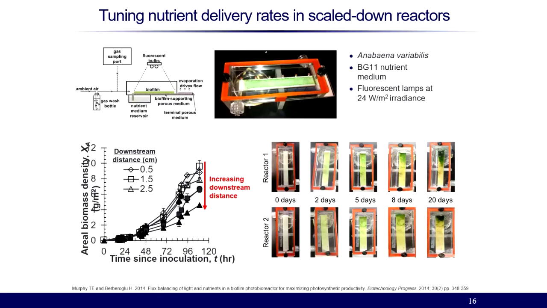The reason that's happening is because the algae cells farther upstream are essentially getting the first crack at the nutrient medium, and take the nutrients out of it, thereby depleting the nutrient medium of essential nutrients for their downstream neighbors.